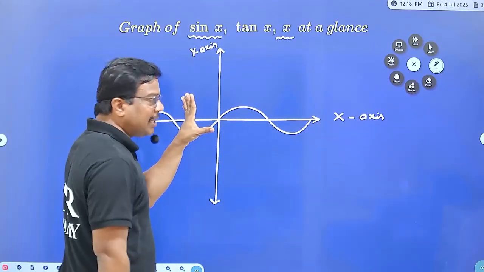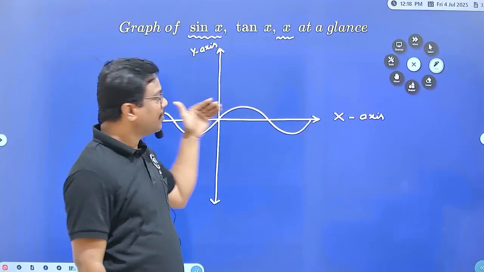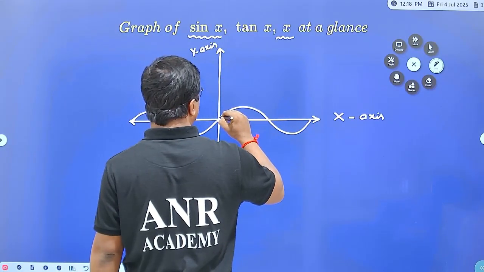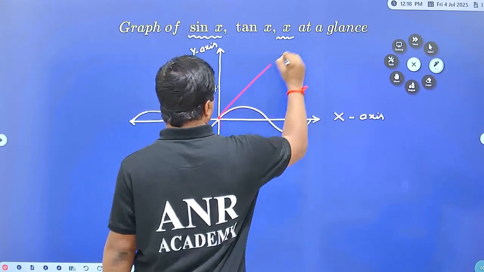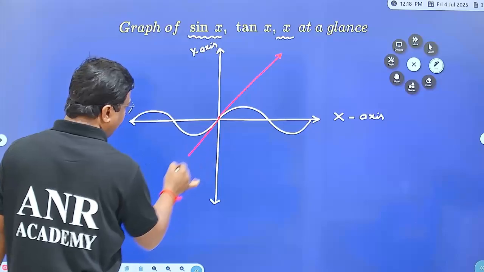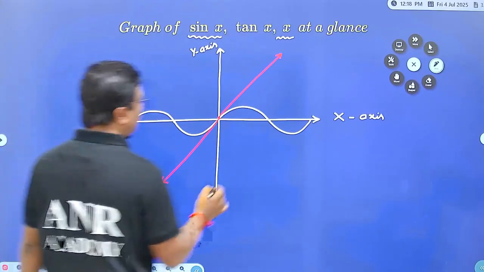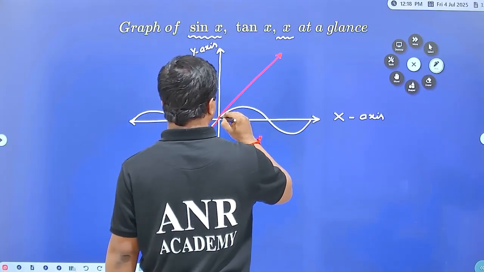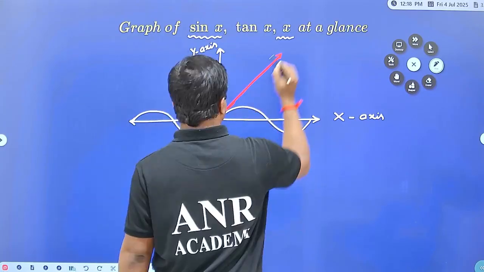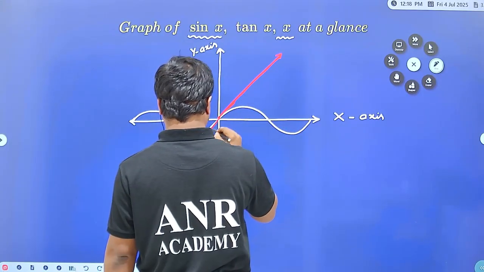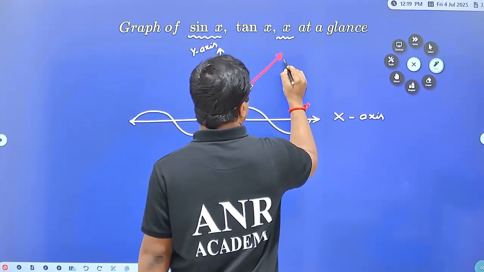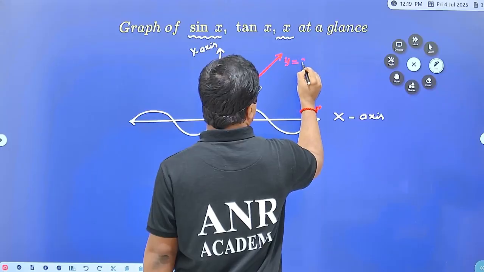That is clearly the angle bisector of both x and y axes, and it also passes through the origin. This one is the graph of y equal to x.